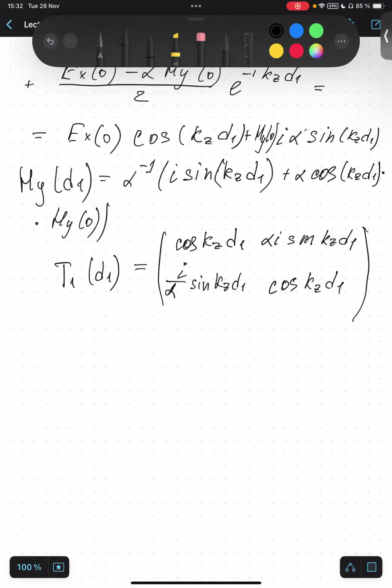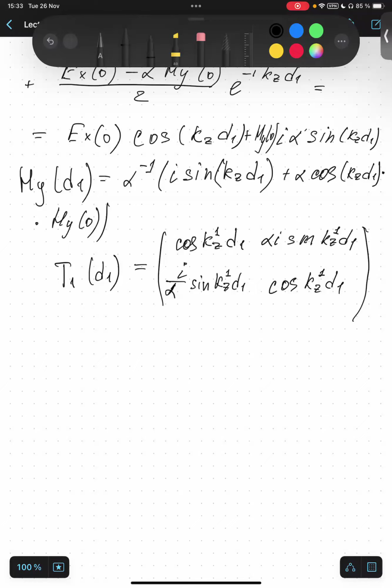Obviously, for the second layer, by the way, we also have to write here kz1 everywhere, because kz contains the epsilon, so it's only for the first media.